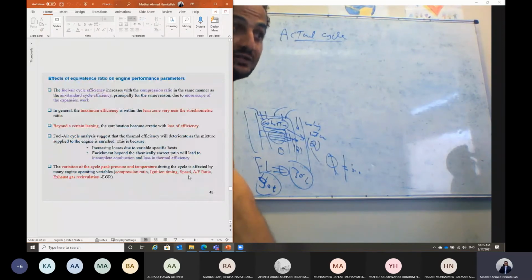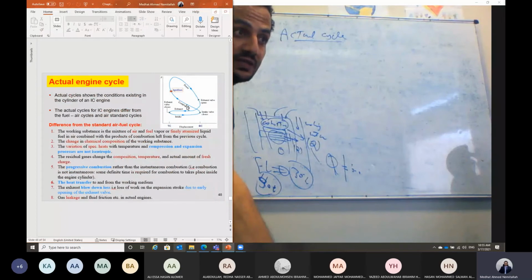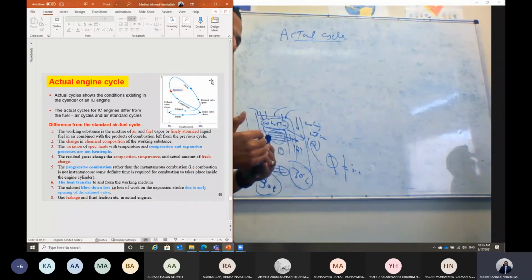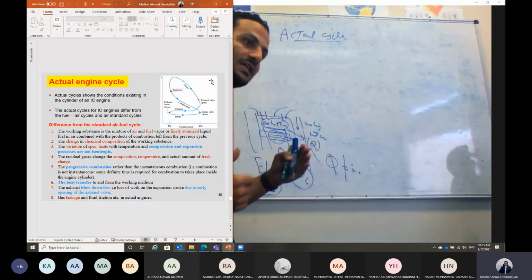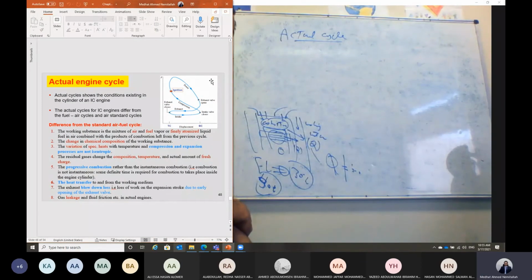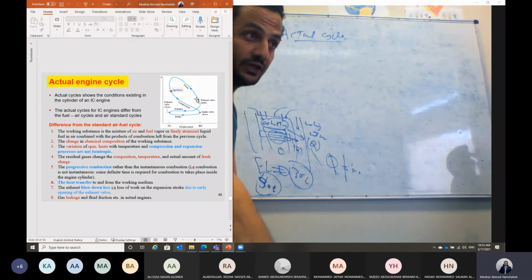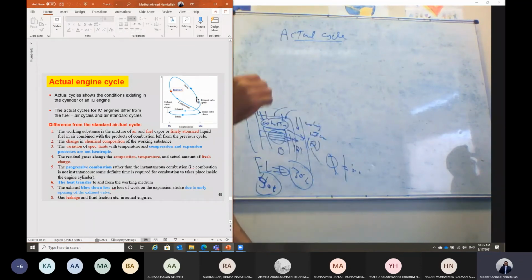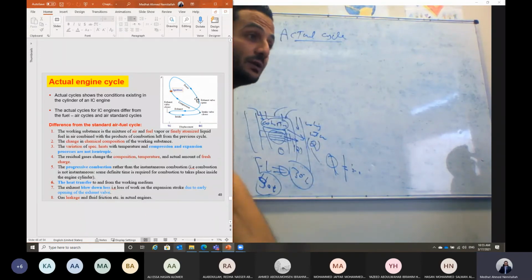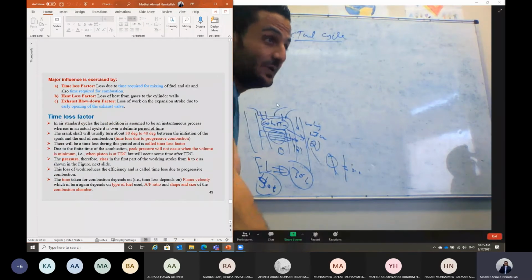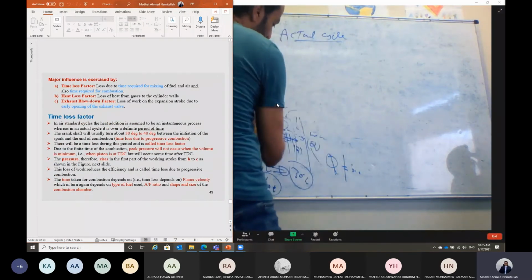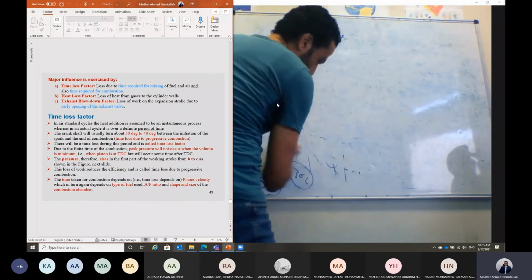But in the real case, we have to open the exhaust valve before the bottom dead center, so that we can have higher pressure to be able to exhaust or scavenge the exhaust gases. Okay, so if I open the exhaust valve early, that means the blowdown energy will be increased, and it will be higher compared to the case of the fuel air cycle. And based on this, we can define three kinds of losses, or three factors of losses.